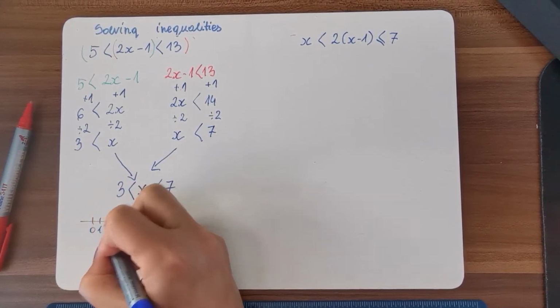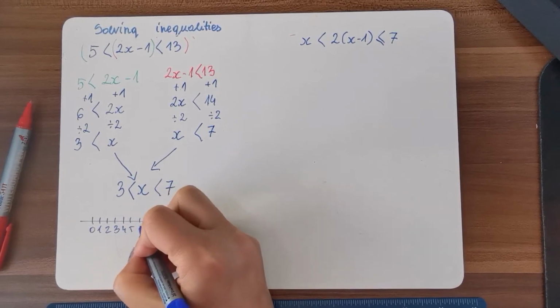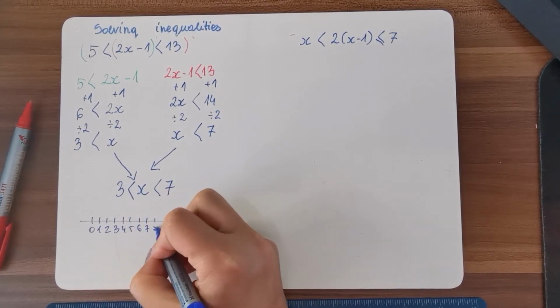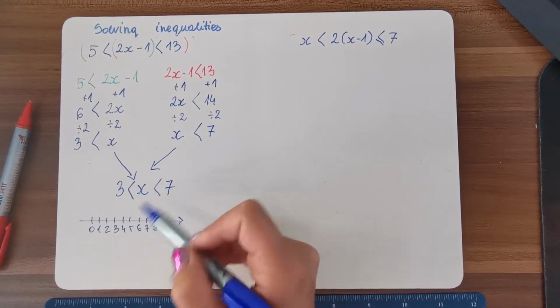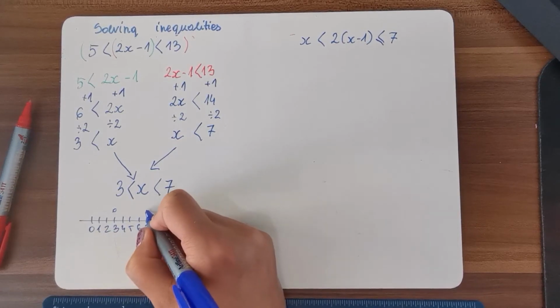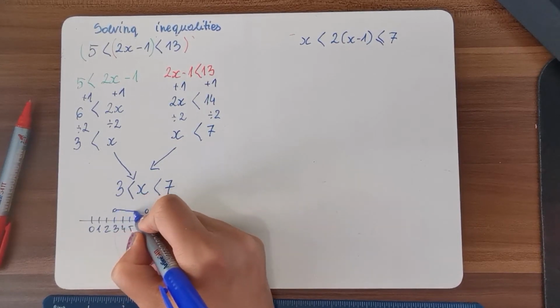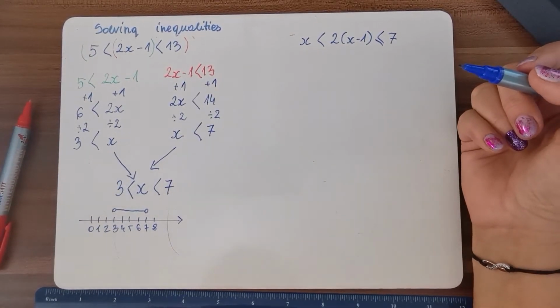I will start with 0, 3, 4, 5, 6, 7, 8. So every number between 3 and 7 will be the solution of our inequality. So from 3 to 7, and this is the solution of our inequality drawn on the number line.